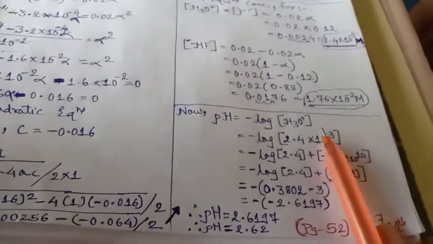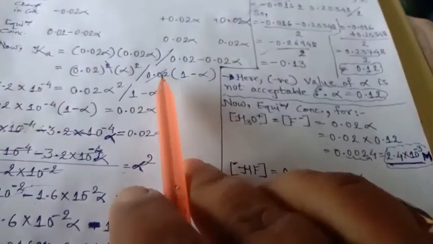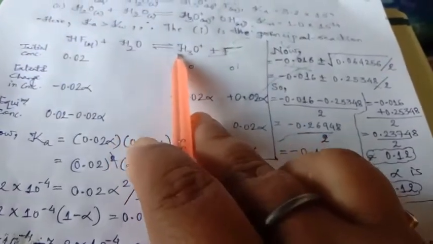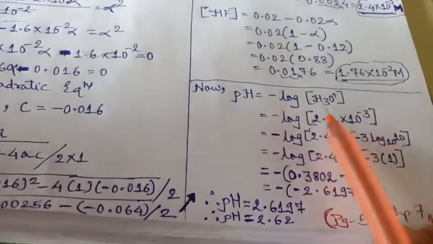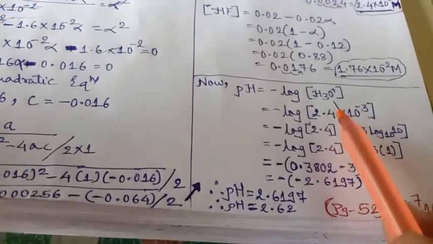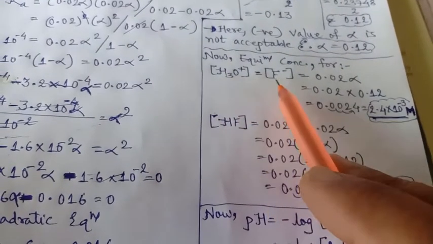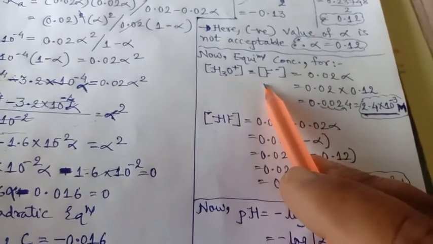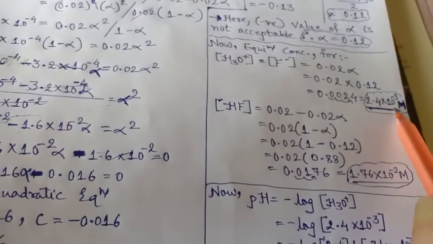Right? If we want to calculate pH of this hydronium ion, H3O plus, then pH is equal to minus log H3O plus. So putting the value of H3O plus, what we got here, H3O plus is equal to F minus, both are the same concentration, so H3O plus is 2.4 into 10 raised to minus 3 molar.